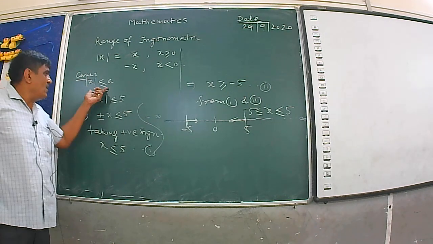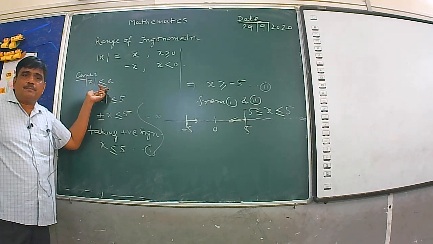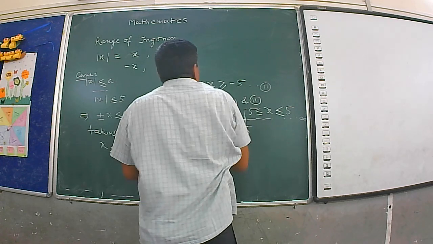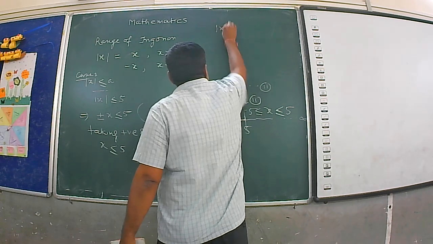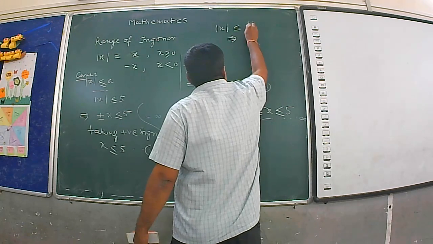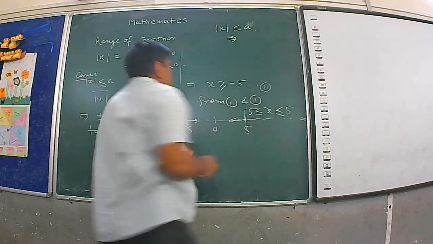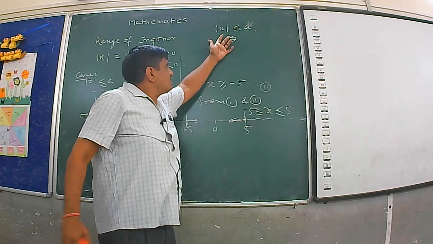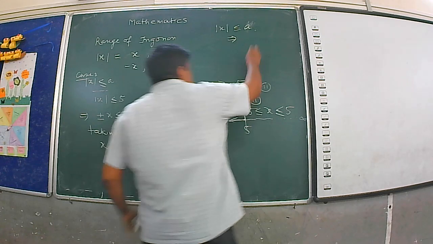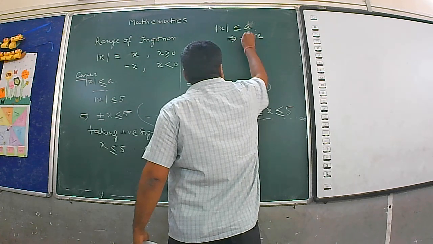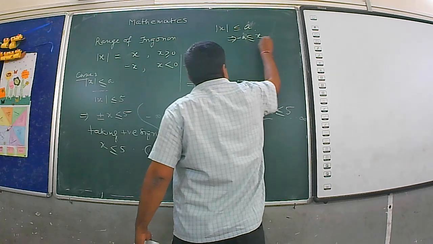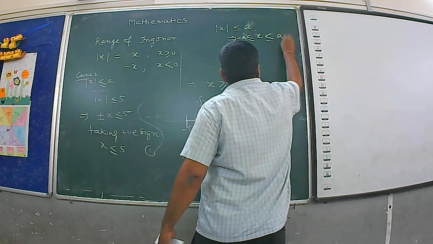Similarly, in the general case, if mod x is less than or equal to a, where a is any real number, then x lies between minus a and a.